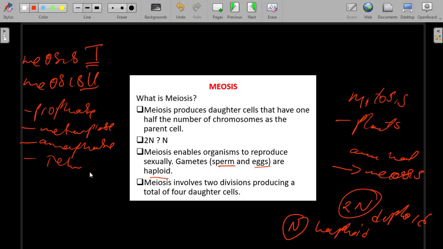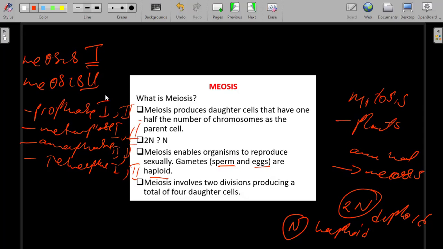Now the only difference is that here each of these will occur twice. So we have prophase 1, prophase 2, metaphase 1, metaphase 2, anaphase 1, anaphase 2, and also telophase 1 and telophase 2. Those are the divisions we are going to have.